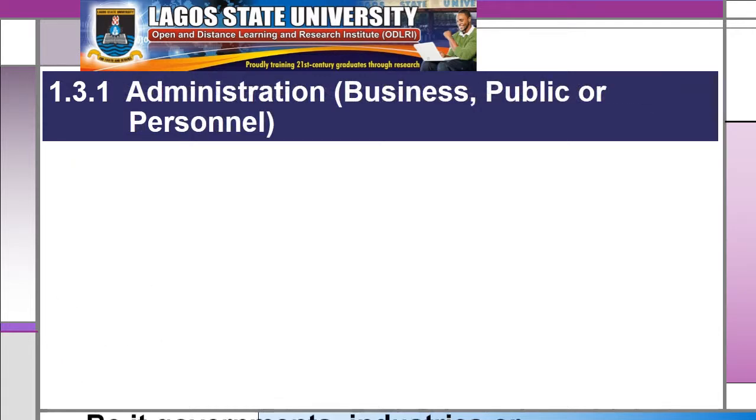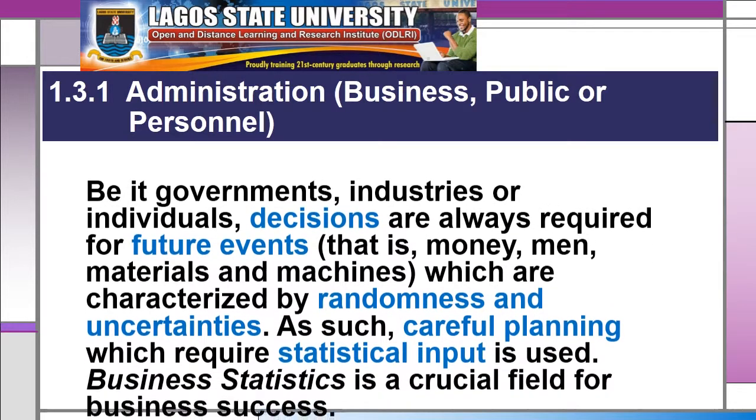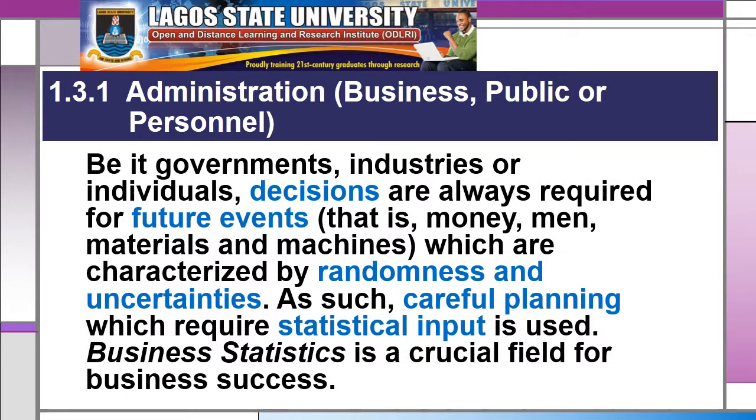How can statistics be used in each of these business and social science areas? For instance, in administration, the main job of an administrator, be it a government administrator, industrial administrator, or even an individual, is to make decisions. And these decisions are made on events that occur in the future.